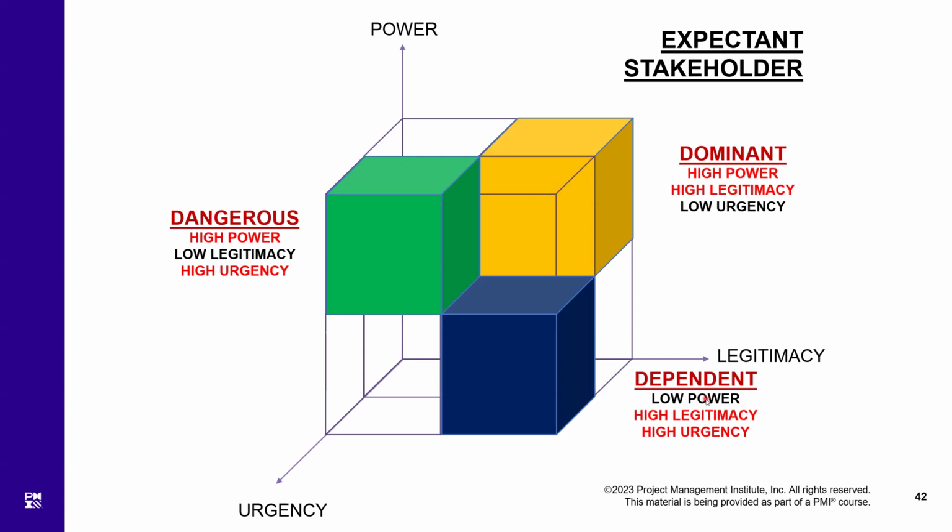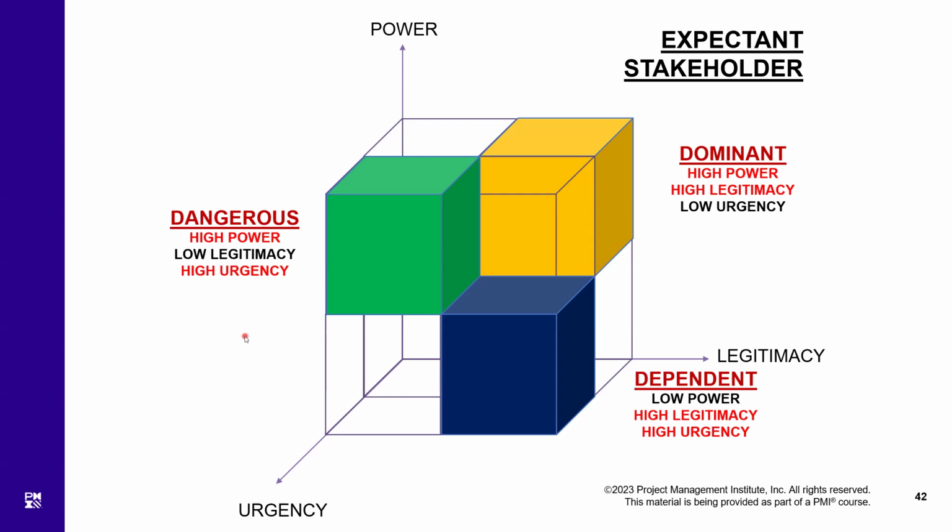Dependent is low in power. You can see on the grid of power, this stakeholder is low. But on the legitimacy scale, it is high. And similarly, on the urgency scale, it is high, right? Okay. So dangerous one is high in power and high in urgency, but low in legitimacy.